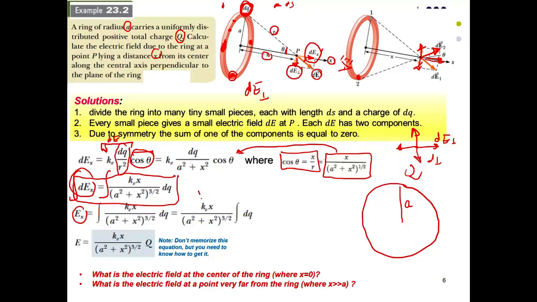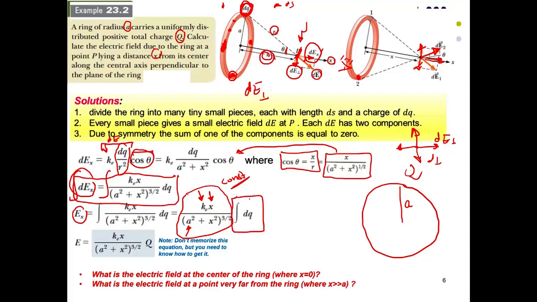Yes, k is constant. Actually, x is constant, right? Because this point P is staying there, it's not moving, so x is constant. A is constant, yes, because it's the radius of the ring. So this is all constant. Now you end up having integration of dq.